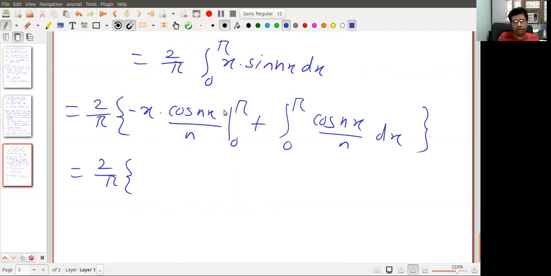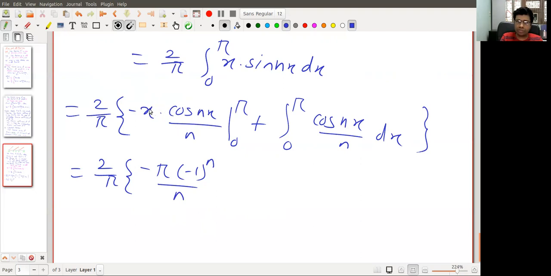Here, if we put the upper limit, it is minus pi cos n pi. We know cos n pi is minus 1 raised to n. So if n is 1, cos pi is minus 1. If n is 2, cos 2 pi is plus 1. Then cos 3 pi is minus 1, cos 4 pi is plus 1, etc. This is divided by n. Then for the lower limit, x equal to 0, the term is 0.